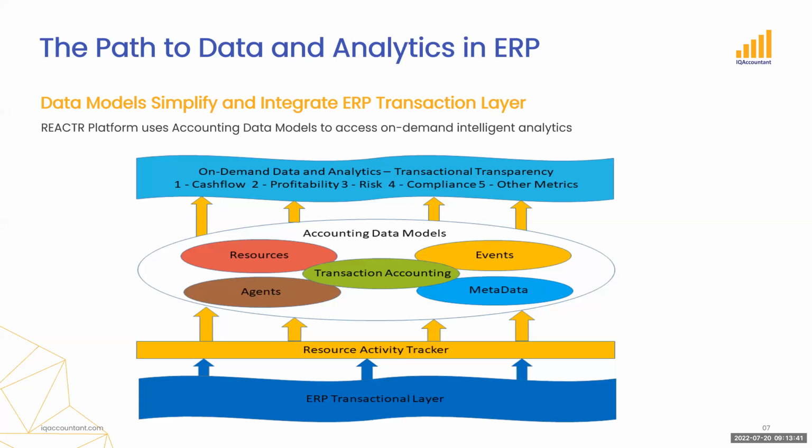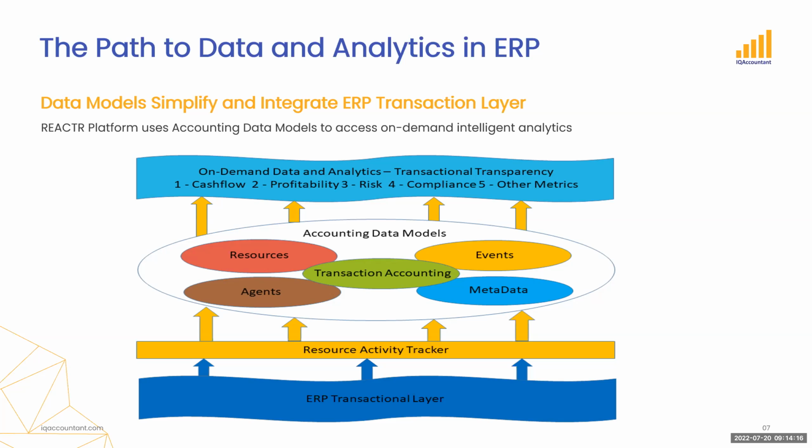There's events that occur, and that might be purchasing supplies or billing customers that we want to track within our data model. We have then the accounting that supports all these events, as well as the metadata that helps us understand the significance from a higher level, right, of where that information is based in.